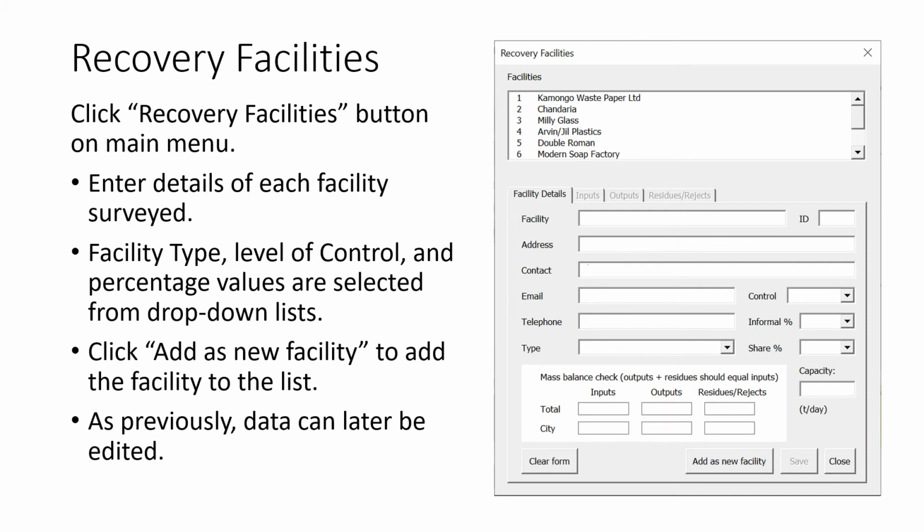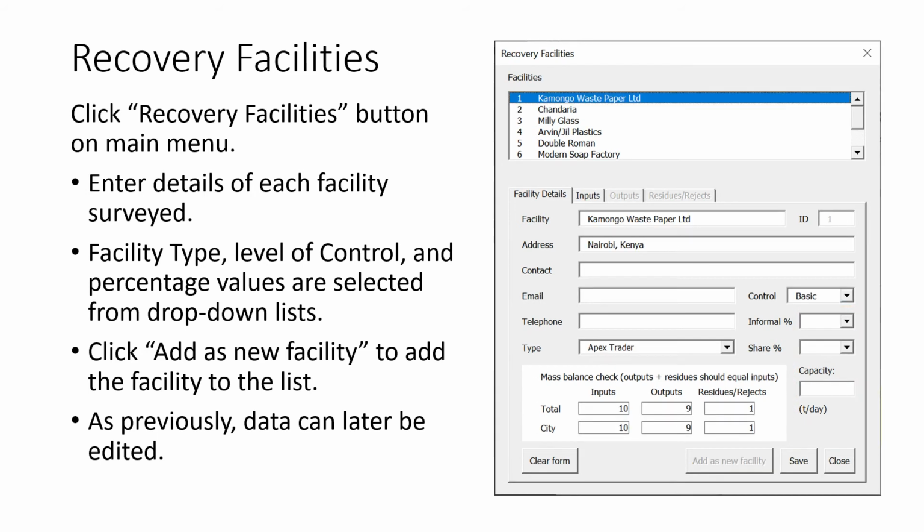Optional data that can be entered includes contact information and the percentage of materials received from the informal collection system and the percentage market share claimed by the facility operator and the claimed capacity. As before, we can select a facility, edit the data, and click Save to update.